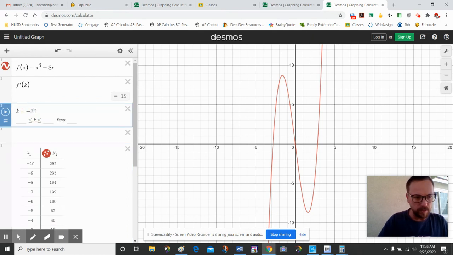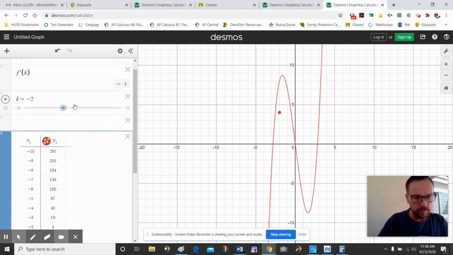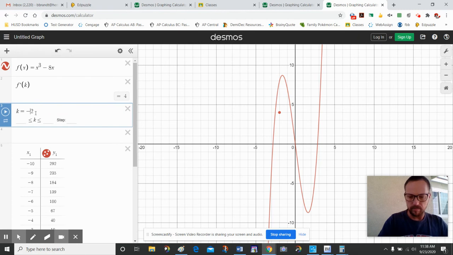Two, which is 4, and then we got -1, so we have -5.